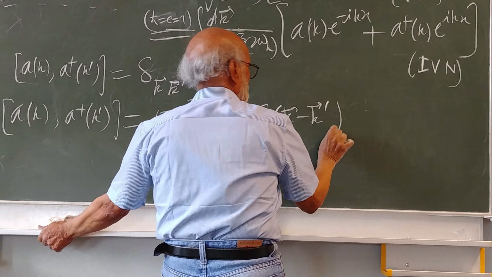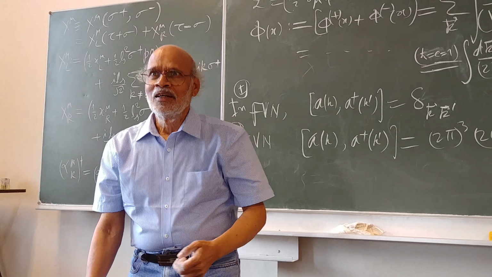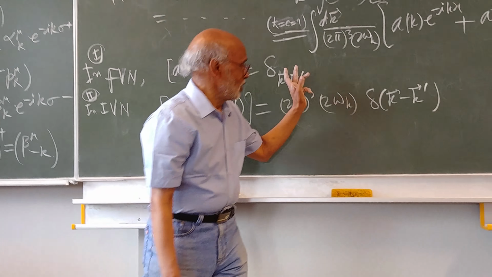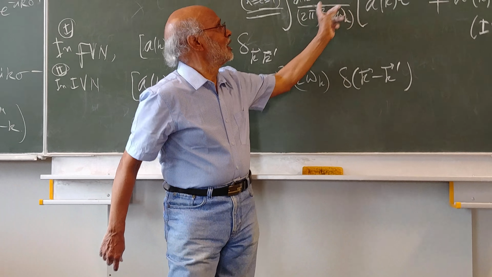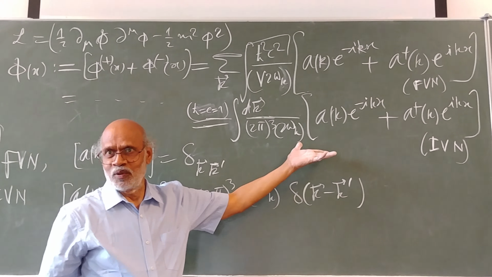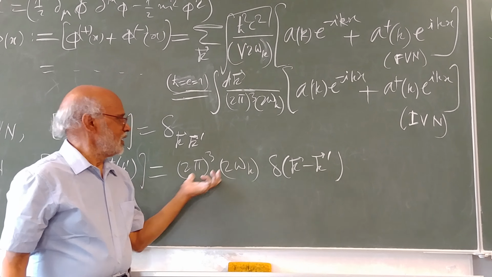Although for teaching field theory I many times prefer the so-called infinite volume normalization over the first one, but the two are equivalent. Here things look a little bit simpler because these normalization factors have been chosen in such a manner that when you obtain a and a dagger, you have just Kronecker delta, right? But here, instead of Kronecker, you will have this because of the infinite volume normalization.